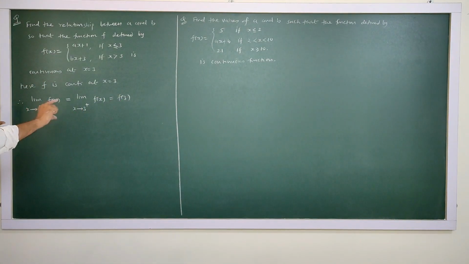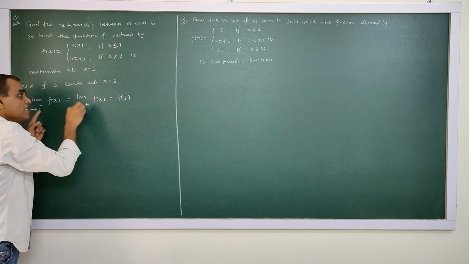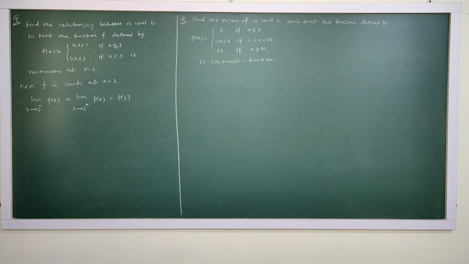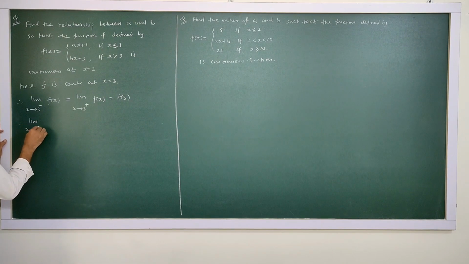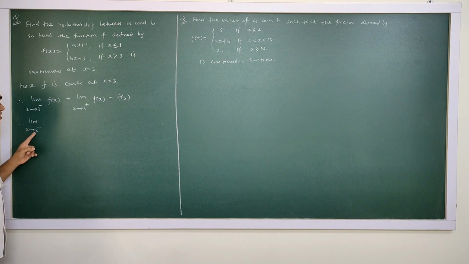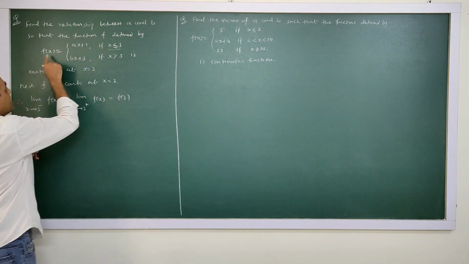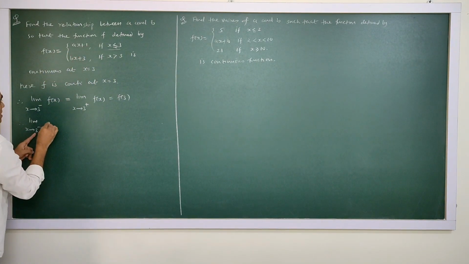This statement is true because the function is already continuous, so all these three values will be equal. Now see, limit as x tends to 3 from the left side. When x is coming towards 3 from the left side, all values of x will be less than 3, and when x is less than 3, f(x) is ax plus 1.